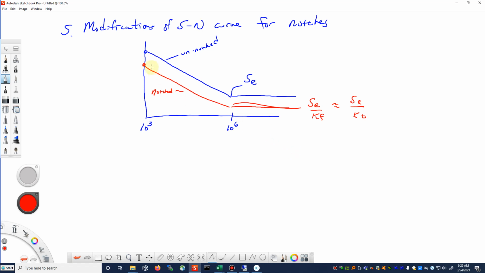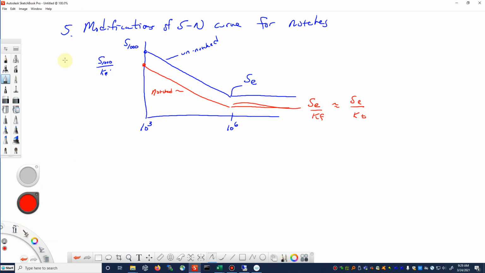Over on the left-hand side, for the unnotched material, we have whatever the stress level is for about 1,000 cycles. And over here, for the notched, we could take that to be the unnotched S1000 over some Kf prime value, which could be determined by a test.